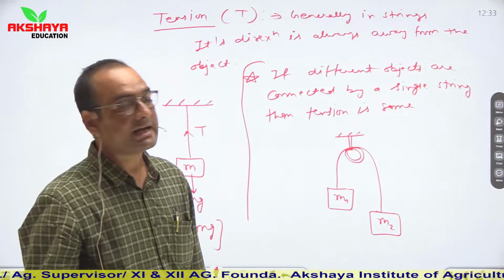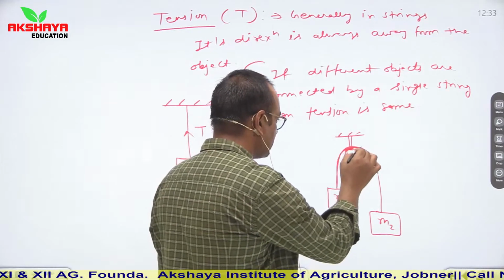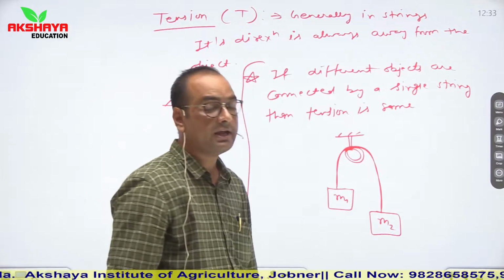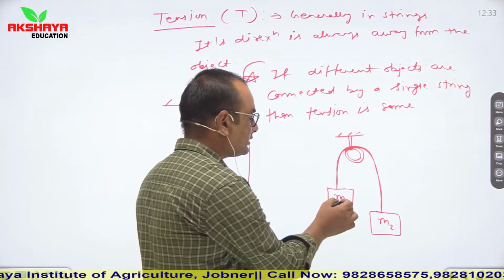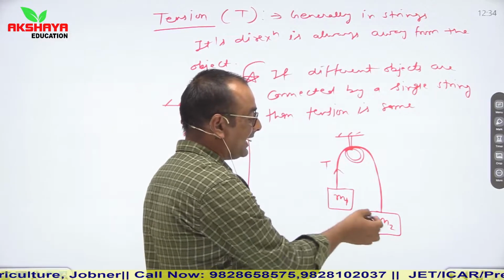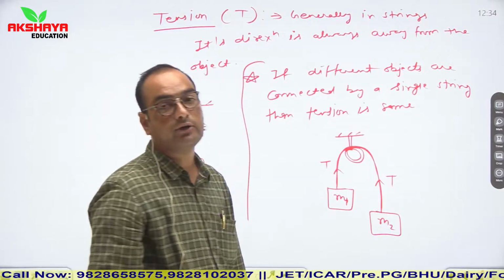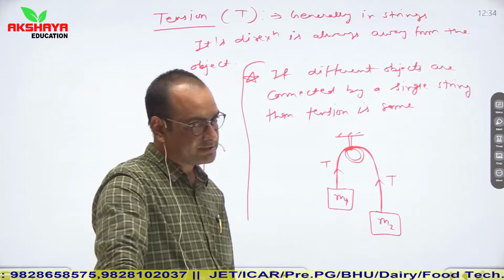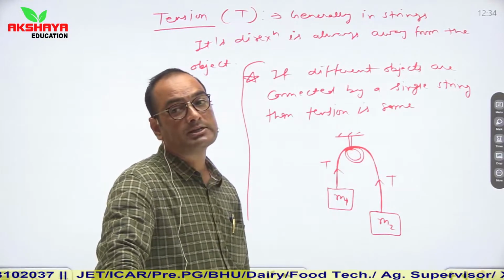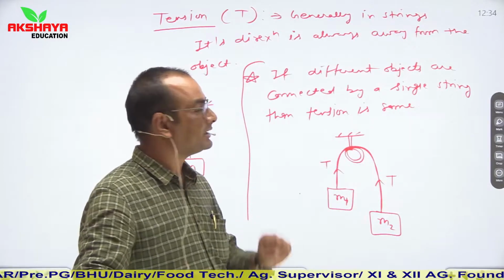So these two objects are connected by a single string. So tension in the whole string due to these two different objects is similar. For the object of mass m1, tension is vertically upwards T, and for this also it is vertically upwards and its value is T. So in both the situations, it is clear from the diagram that tension is always away from the object.